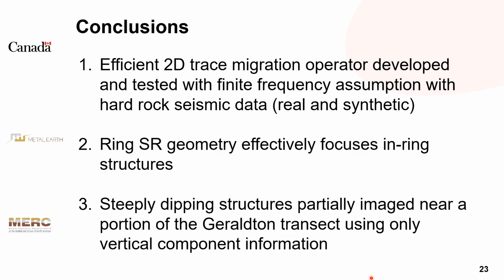So in conclusion, I think that this is an efficient 2D trace migration. It would be a precursor to the more advanced methods like reverse time imaging or what are called natural migration methods. It's tested under certain limitations or assumptions, the finite frequency assumption and of course the constant effective velocity assumption.